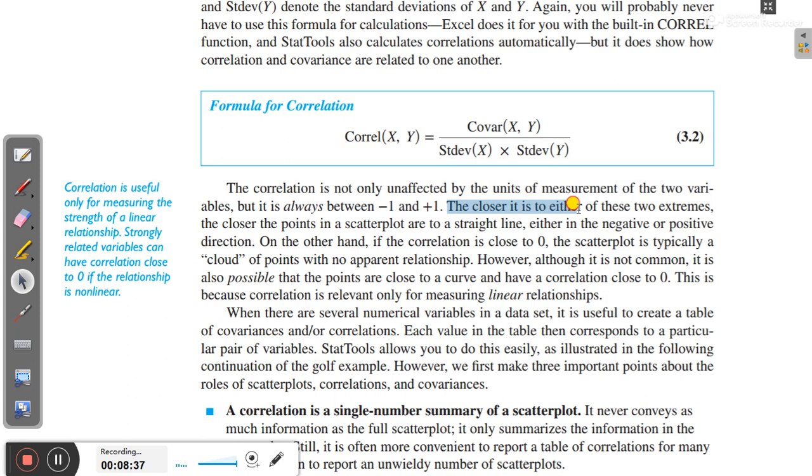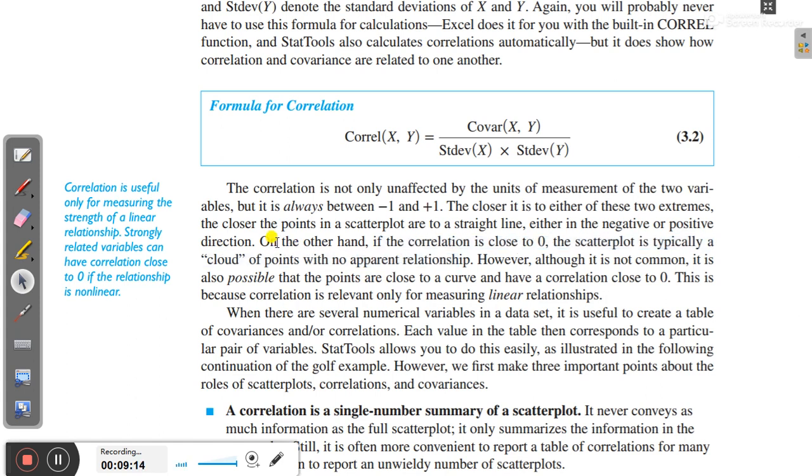The closer it is to either of these two extremes, the points in the scatter plot will be closer to the straight line, either in negative or positive direction. On the other hand, if the correlation is close to 0, the scatter plot is typically a cloud of points with no apparent relationship. So here you can see there will be no relation.